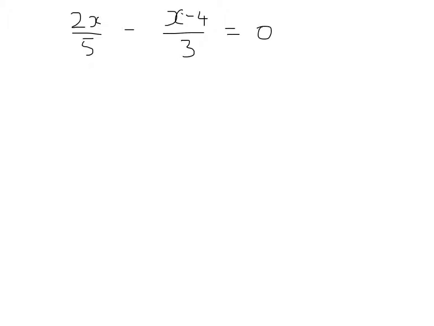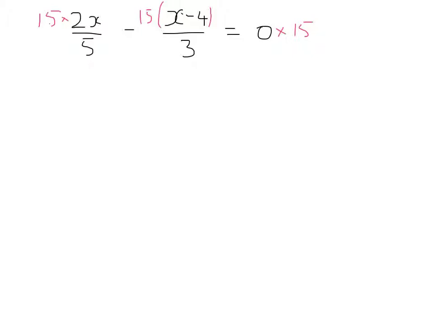Now what I'm going to do is, if we look at the denominators, we've got 5 and 3. If we multiply them together, 5 times 3 is 15. So I'm going to multiply everything on the top by 15. And I'll put that into a bracket, and times that by 15 as well. So we have to multiply everything by 15, all terms by 15.